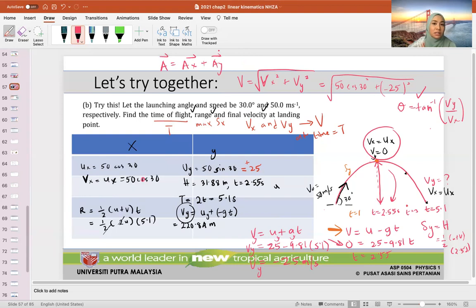Do you remember this part in chapter 1? Yes. Kita resolve kan? So anggap A vector ni V, kita tahu Vx, kita tahu Vy. So cara untuk kita tahu magnitude vector ni is pakai Pythagoras theorem kan untuk cari A hari tu kan? Sama. It's the same thing except that now is velocity. So equation ni boleh pakai untuk semua vector. It doesn't have to be displacement, it doesn't have to be velocity, it can also be acceleration, boleh. Asalkan vector.